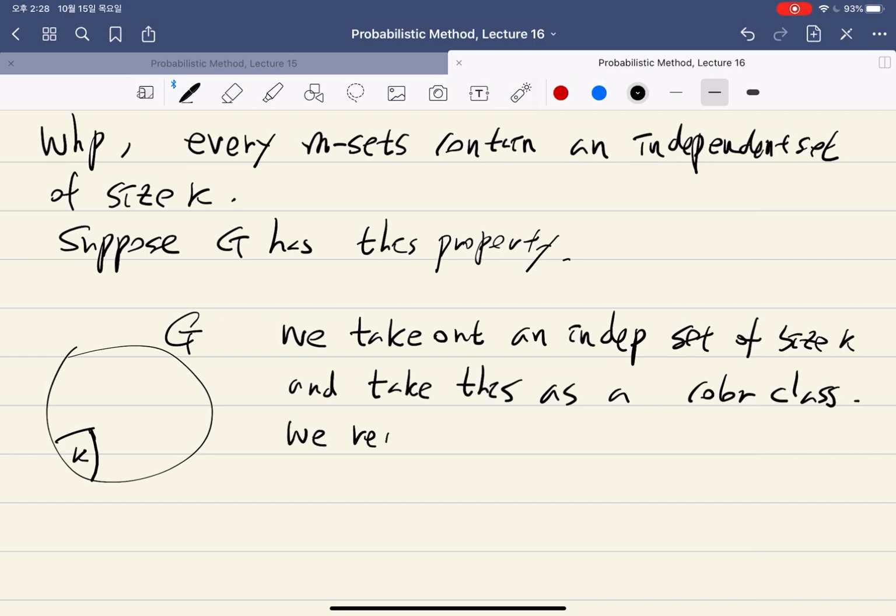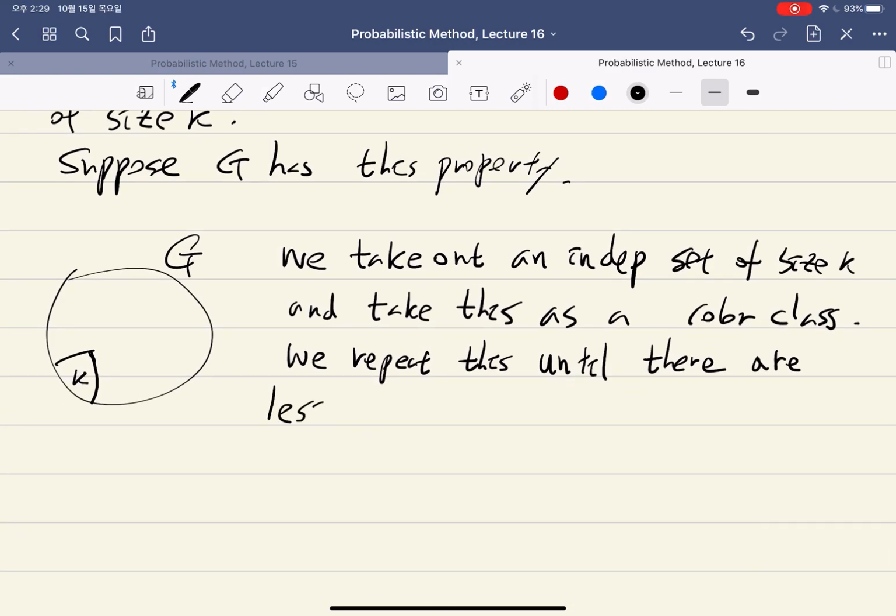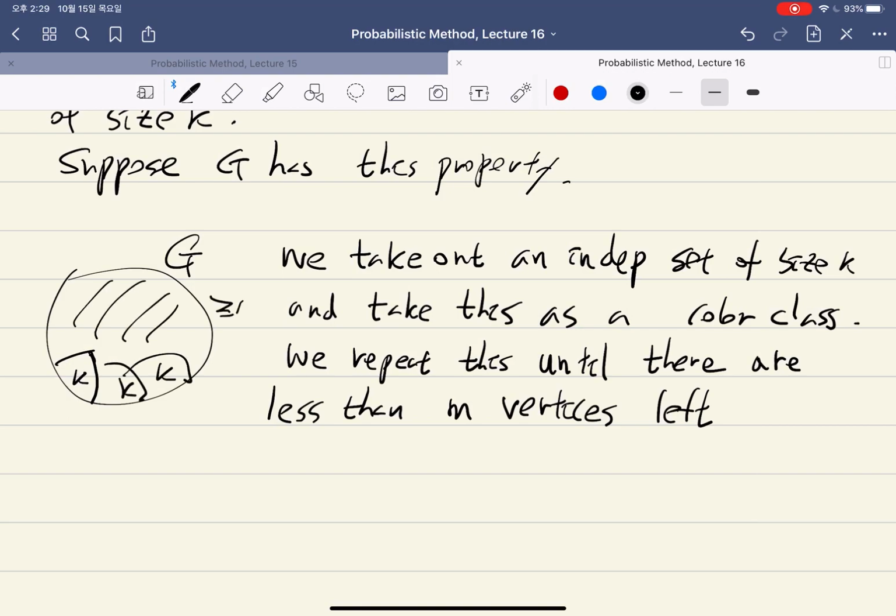And what we do is we just repeat this until, how much can we repeat? Until there are fewer than m vertices left. As long as the remaining set has size at least m, we can do this.